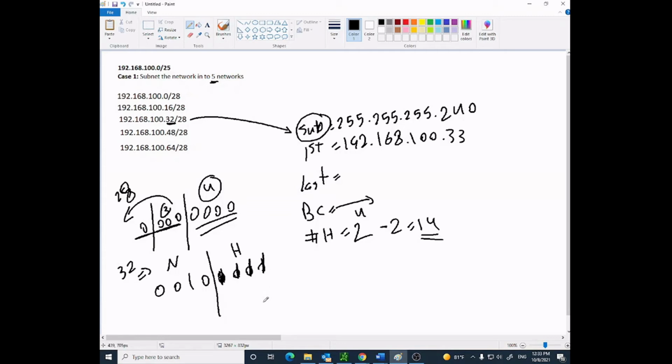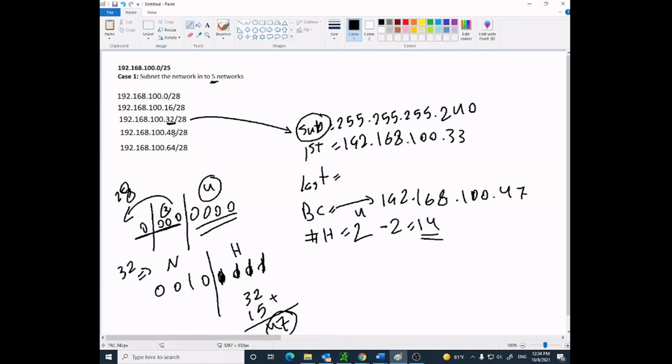And as a result, again, if you use a calculator, it's going to be 32 plus, let's see here, this is 10, and this is 15. So you put this and this, you get 7 here, you get 4 here, so it's 47. The last one is going to be, again, 192, 168, 100, and then 47.